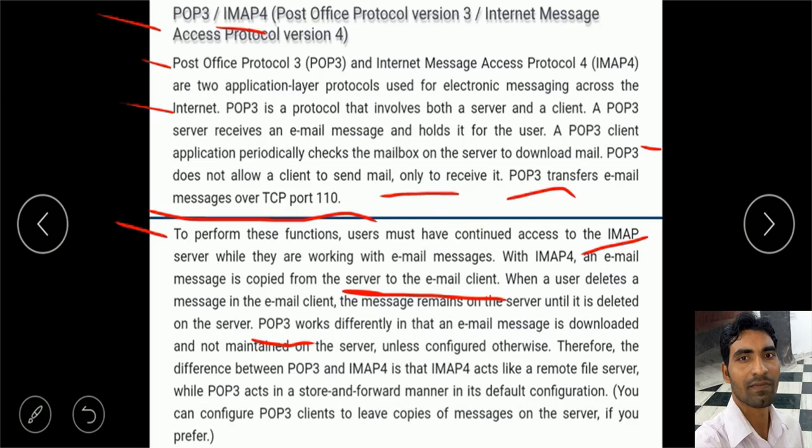POP3 works differently in that an email message is downloaded and not maintained on the server unless configured otherwise. Therefore, the difference between POP3 and IMAP4 is that IMAP4 acts like a remote file server, while POP3 acts in a store and forward manner. Remember this.